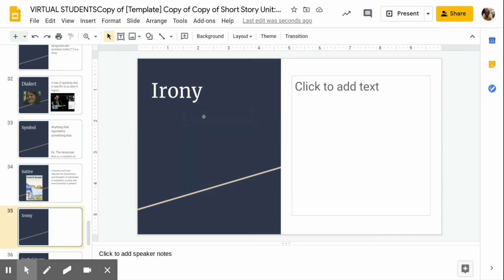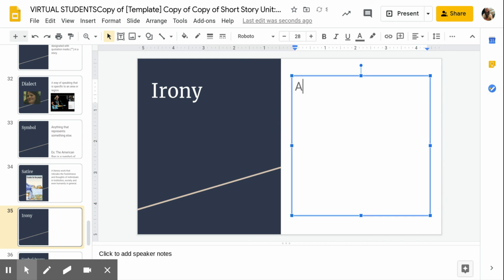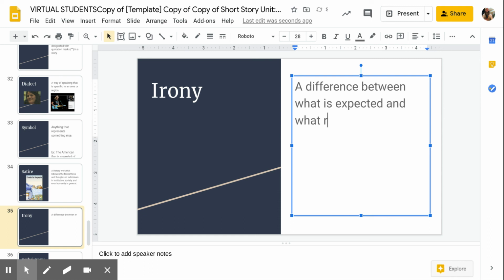All right, so now let's go to irony. Irony is simply a difference between what is expected and what really happens. A lot of times people say, well, that's ironic, because whatever just happened was the last thing you envisioned happening.